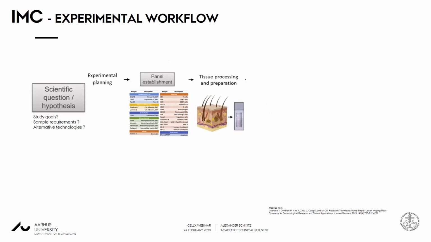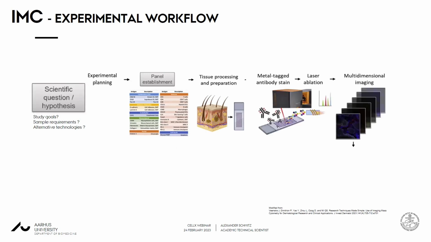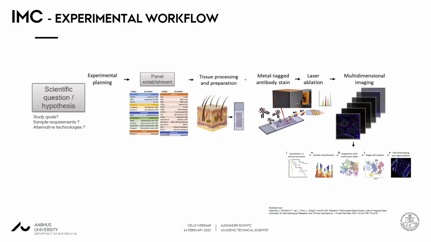And on the other hand, you have your tissues that need to be processed and presented in a way that gives you the answers you want. And if you have that, then you can stain your slides and run it through the machine, and it will give you these images. From these, then you can do your data analysis by segmentation of single cells and so on.